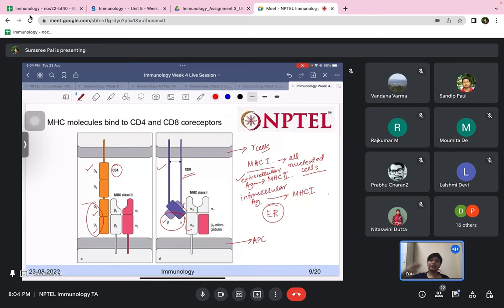So they are taken up by these antigen presenting cells, and then processed inside the phagolysosome, which is the fusion of the phagosome and the lysosome. After this processing, these antigenic peptides are presented with the help of MHC class 2 proteins on the surface of these antigen presenting cells.